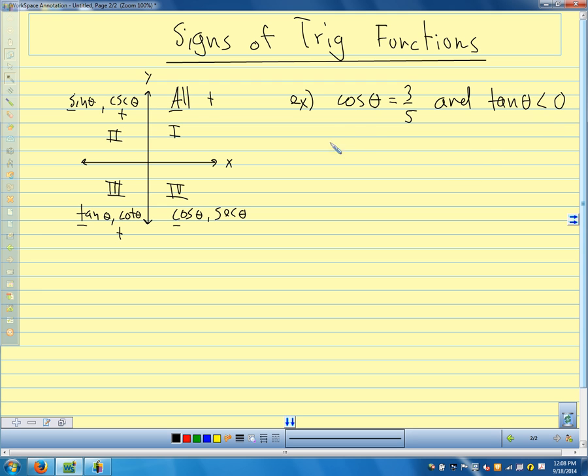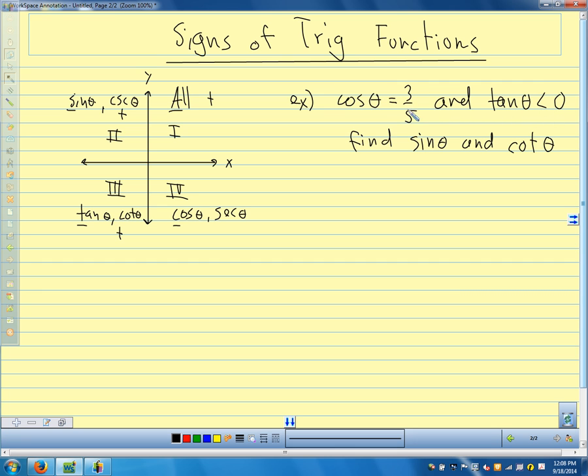We want to find sine theta and cotangent theta. So this is telling us about two sides of our right triangle. What is this telling us? This is telling us our quadrant.